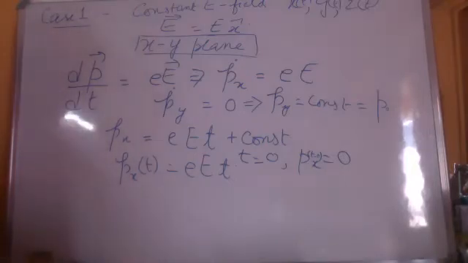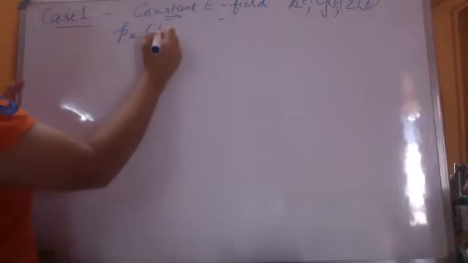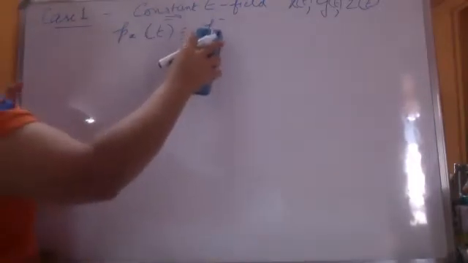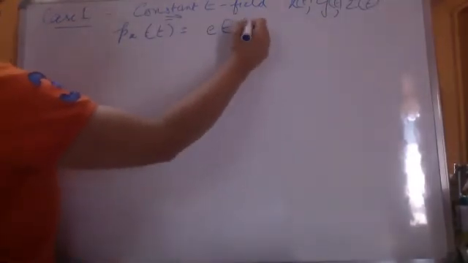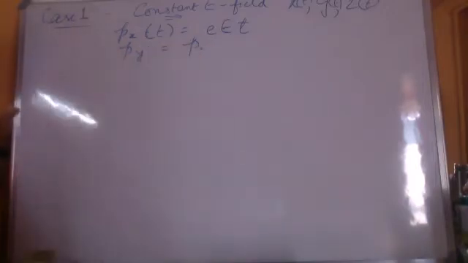So now what do we have? I'll have to erase this, and what I have then is px as a function of time equal to eEt, and py is some constant p naught.